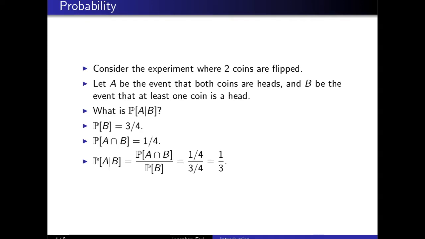Well, now we only have 3 possible outcomes: 2 heads, head then tails, tails then heads. And we would say that each of those 3 outcomes is equally likely. And one of them gives us 2 heads, 2 of them don't. So the probability that we get 2 heads, given that we have at least 1 head showing up, is 1/3 just by enumerating out the outcomes.